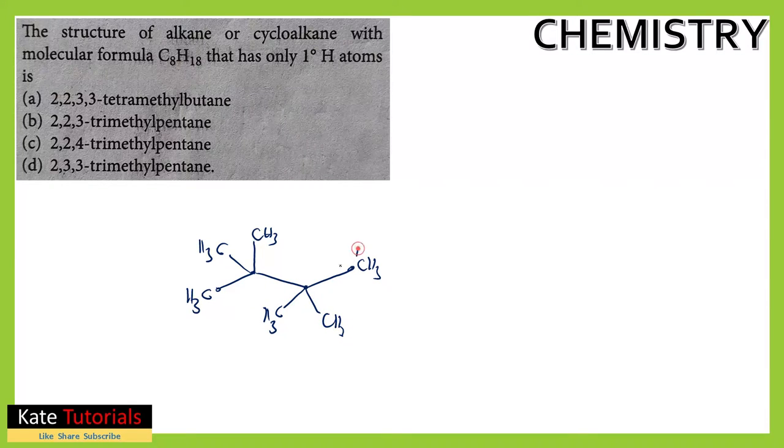Numbering is 1, 2, 3, 4, 2, 2, 3, 3 tetramethyl butane. All these hydrogens are attached to carbons which are attached to only one carbon. So all these are primary hydrogens only. Here no hydrogens because valence is 4. So A is the option. I hope this video has helped you understand what primary hydrogen is.